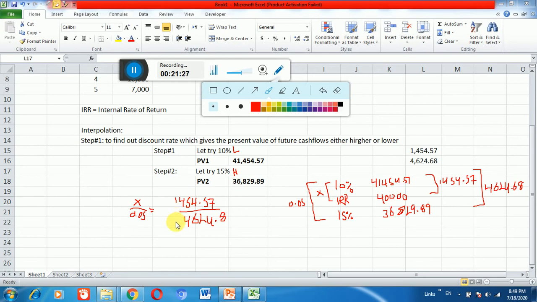So now I have a question here. We need to find x. Just do the cross multiplication and find x.